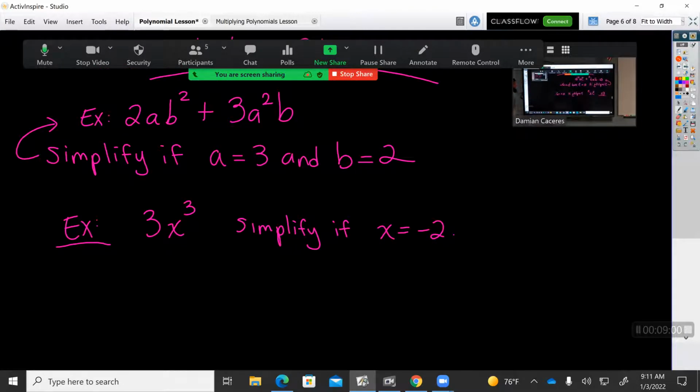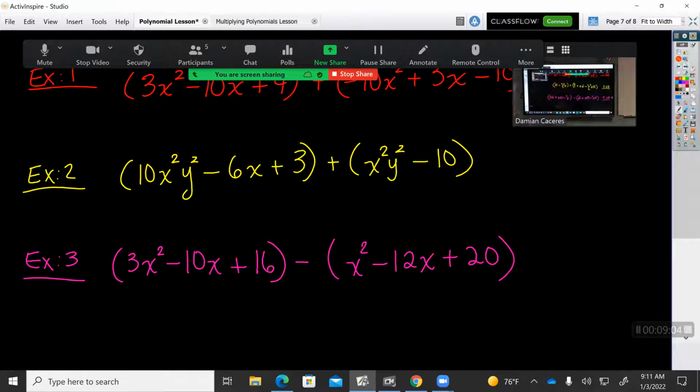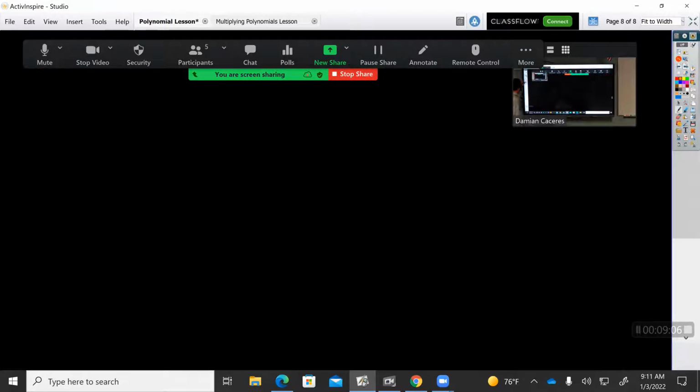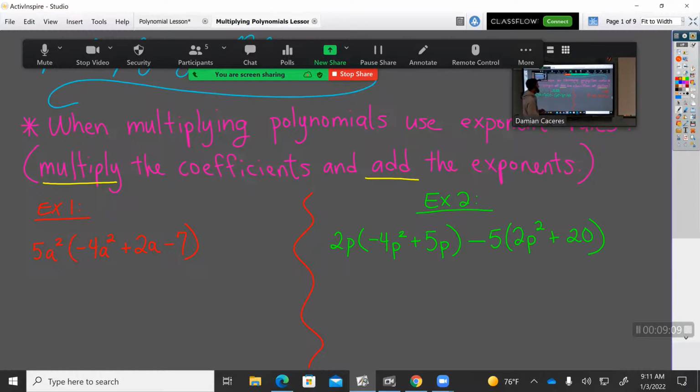Now we're going to get to multiplication. So these are the first two examples.